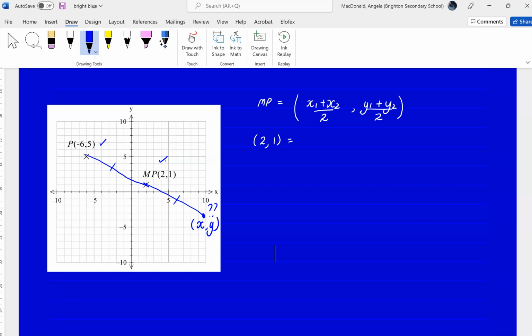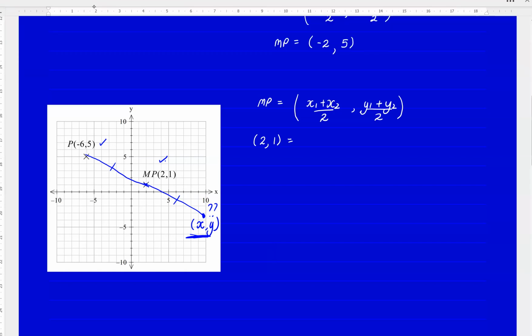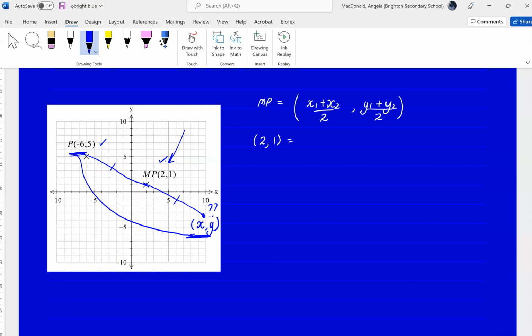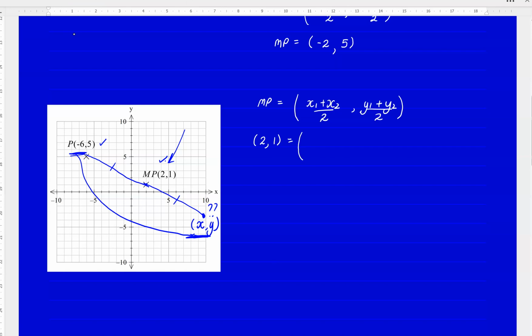That means we're going to say this point and this point, if we add those two together and divide by 2, that gives us our midpoint there. It doesn't matter which one we start with. I'm going to say x plus the negative 6. So x plus minus 6 becomes x take 6, all over 2.